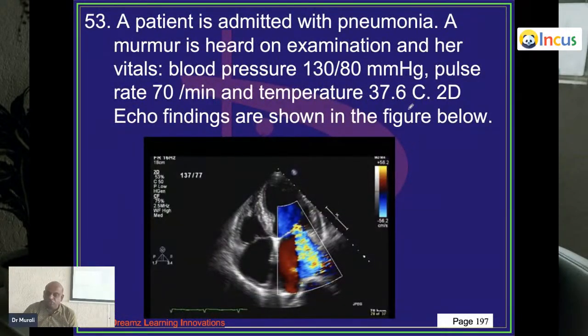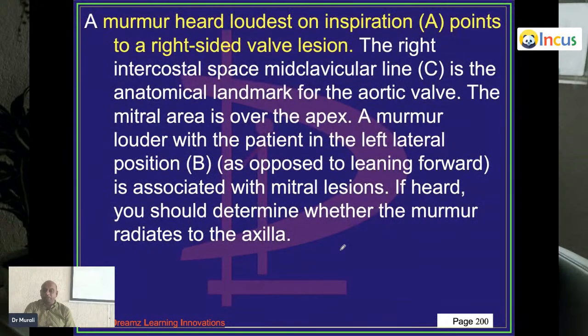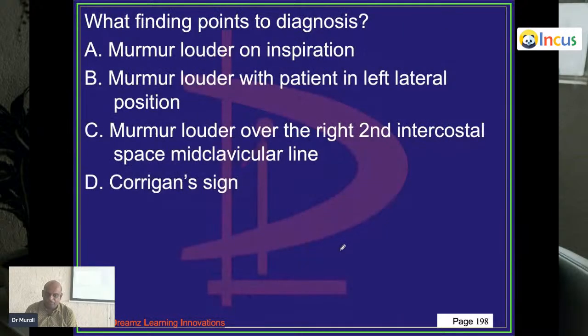A patient is admitted with pneumonia. Blood pressure is 130/80. And echo is being shown to you. So what do you see in the echo? You should always remember, is it a right-sided or a left-sided valvular lesion? That is important to identify. Typically with right-sided lesions, the blood supply to the lung can increase, and that leads to development of recurrent pneumonias.